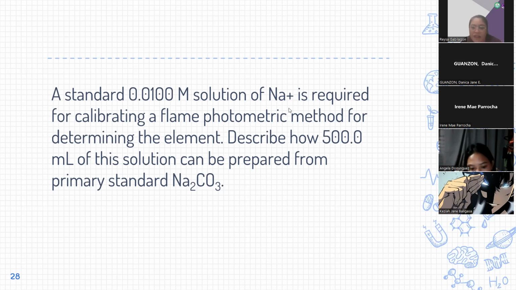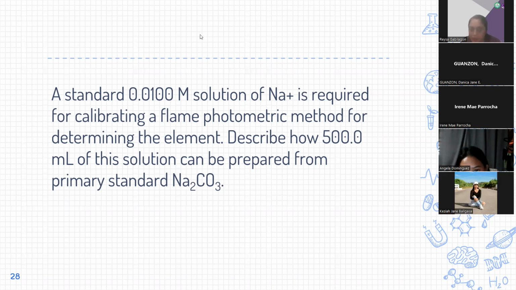Again, a standard 0.01 molar solution of sodium ion is required for calibrating a flame photometric method for determining the element. Describe how 500.0 ml of this solution can be prepared from the primary standard sodium carbonate.